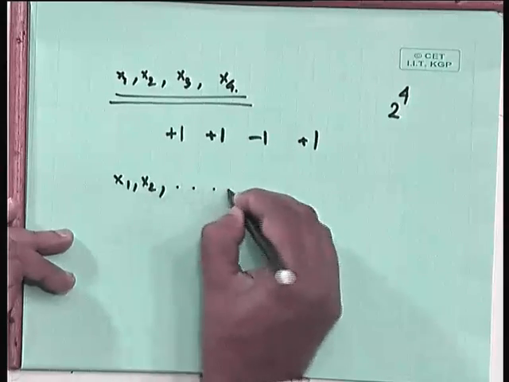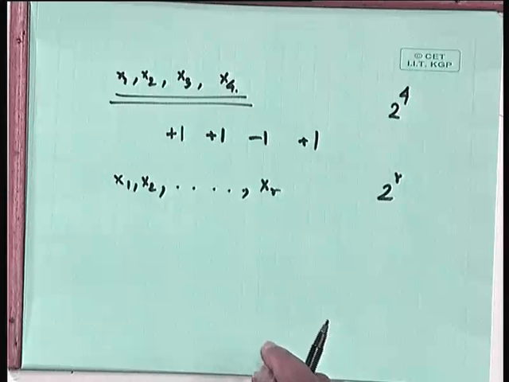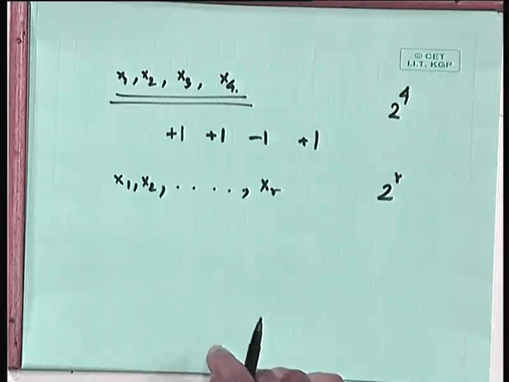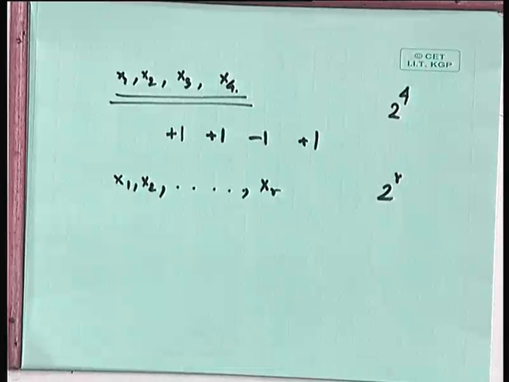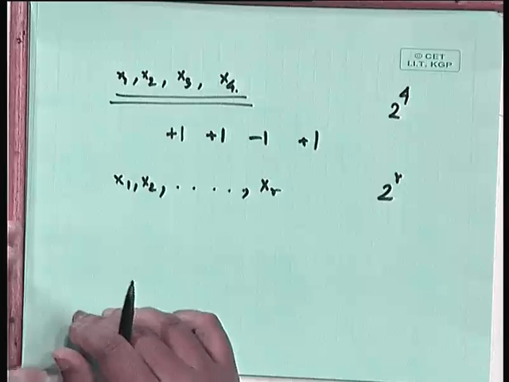So, when I have x1, x2 up to xr, then we can have up to 2 to the power r such training sets. Now, given this definition of shattering, if for a given learning machine, for a given f, you can find some adjustable parameters or some values of alpha which will give you a 0 training error, then it is shattered.